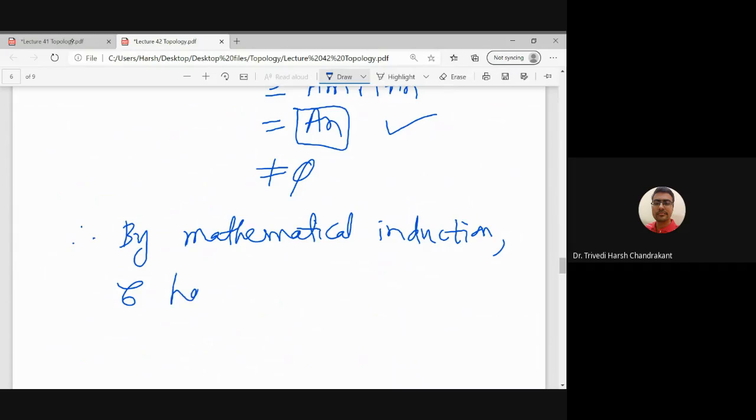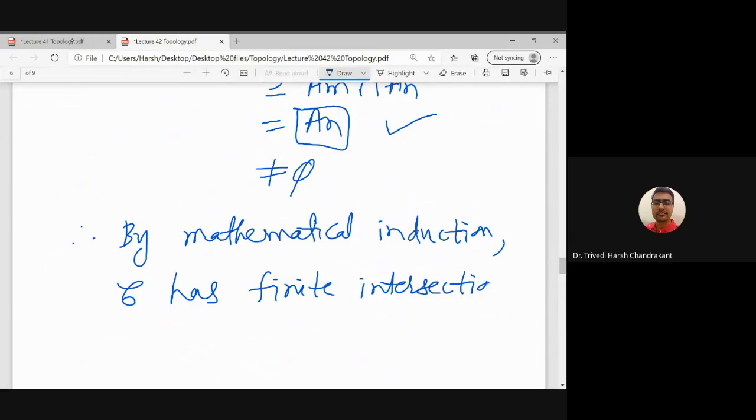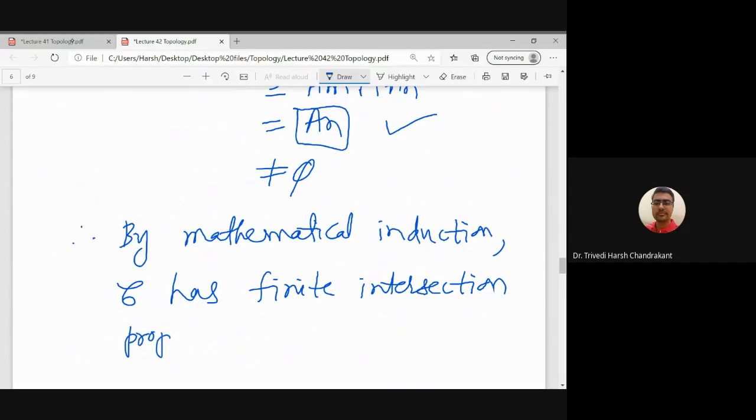we can prove that C has the finite intersection property. So now I have a family of closed sets with the finite intersection property.